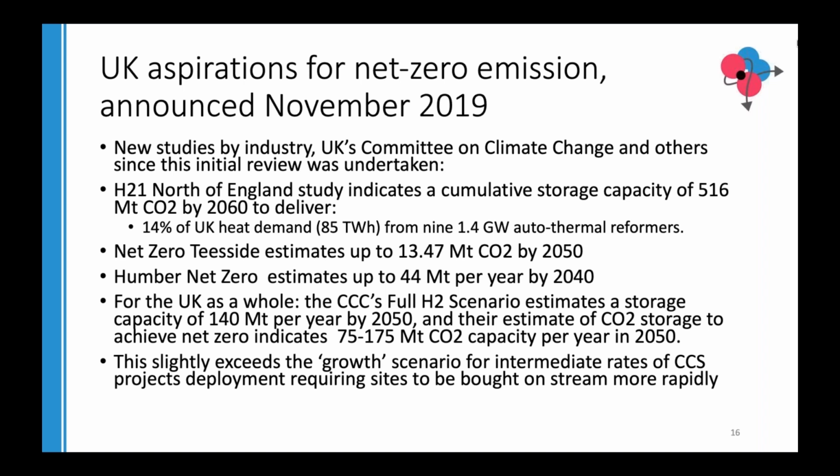So these values, whilst they do show a material increase, they are broadly within the range of the growth scenarios that we were thinking about for this project that I've outlined today.